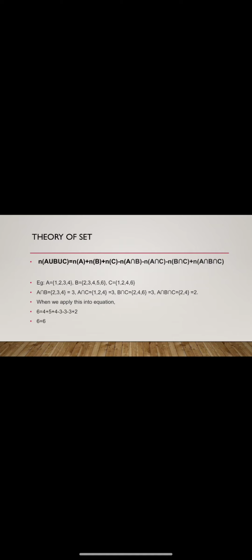After writing all these intersections, first we write the common intersection of all three. Then we write the intersection between each pair of sets: A intersection B, A intersection C, and B intersection C. After writing all these, we consider each set separately. First we consider set A. In set A, 1, 2, 3, 4 are the elements.